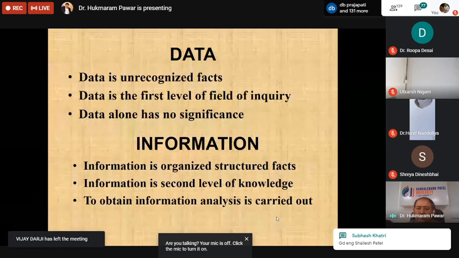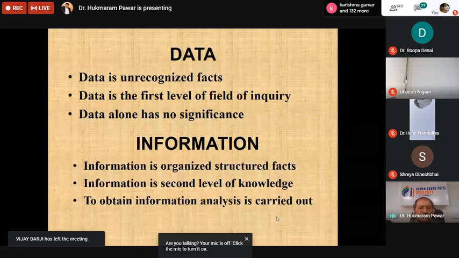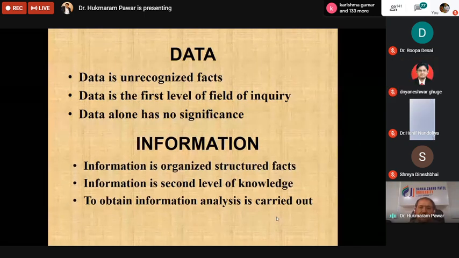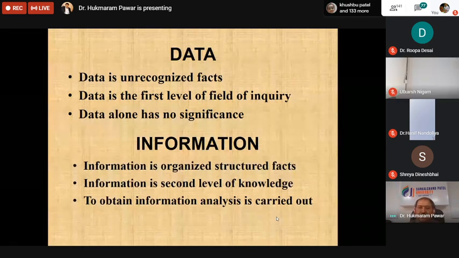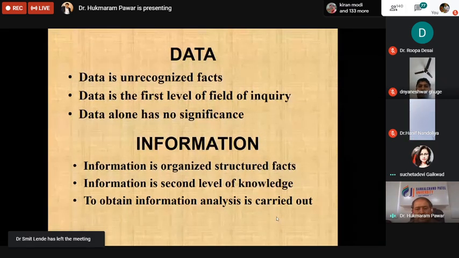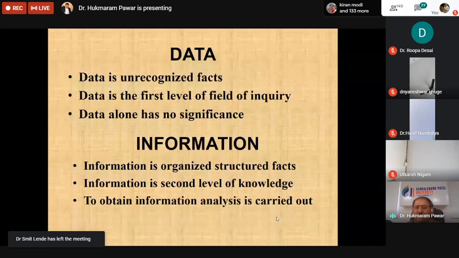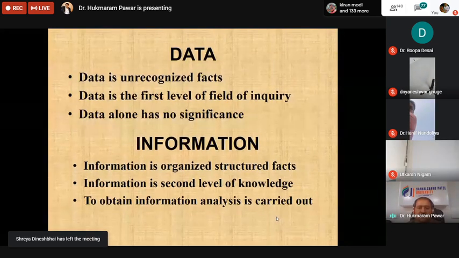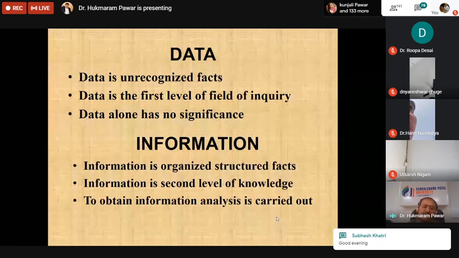Data is required to be arranged and organized, and when data is organized and arranged in a systematic way, it becomes useful and helps us come to a meaningful conclusion. Then it becomes information.